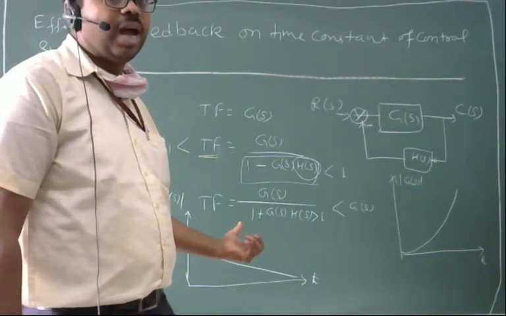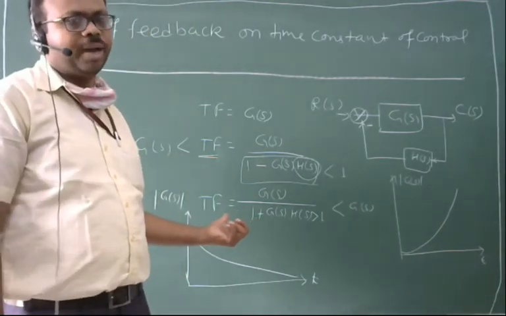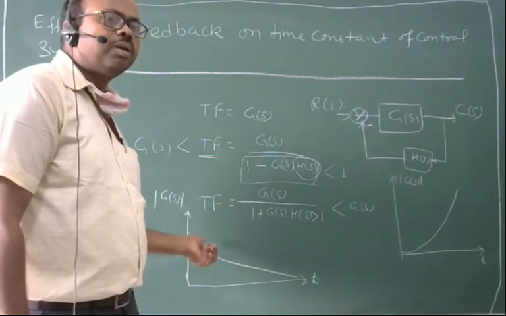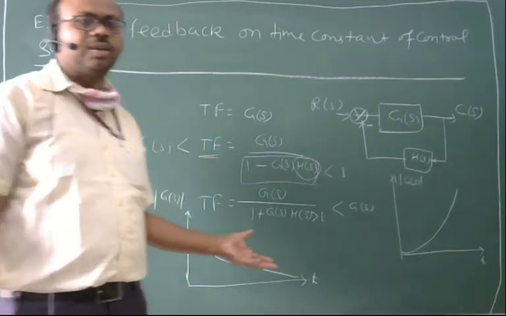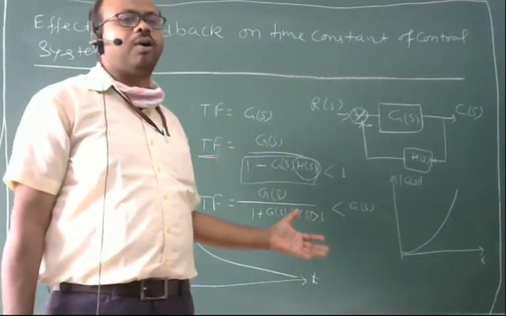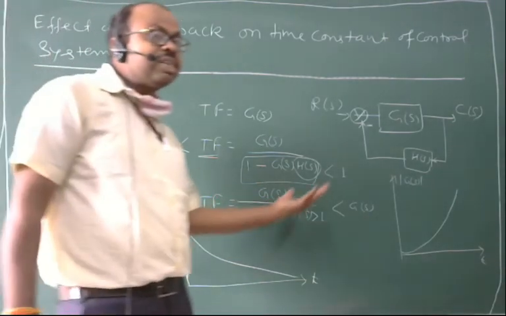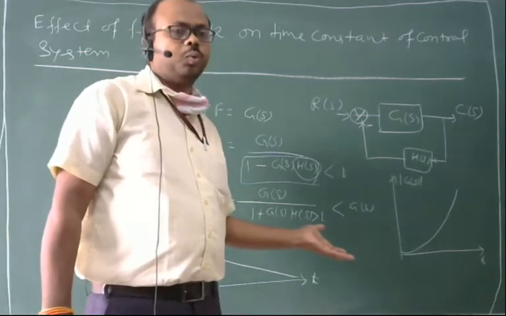Here, the system is already stable because the output is bounded for bounded input. It is not increasing up to infinity, it goes to 0.